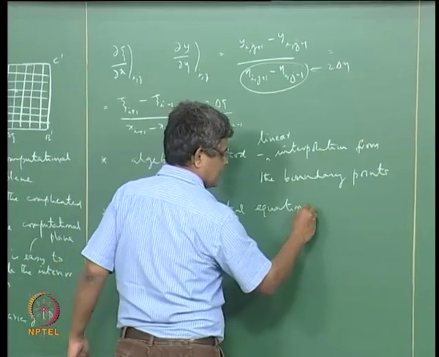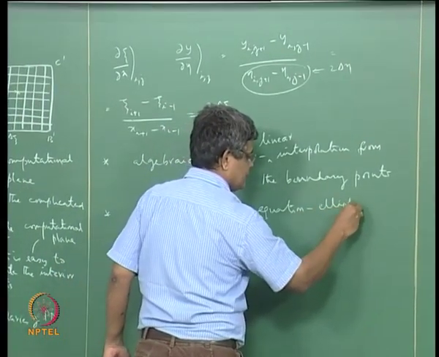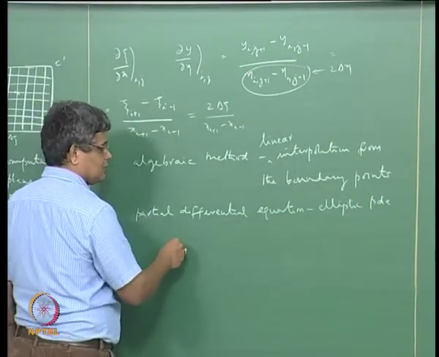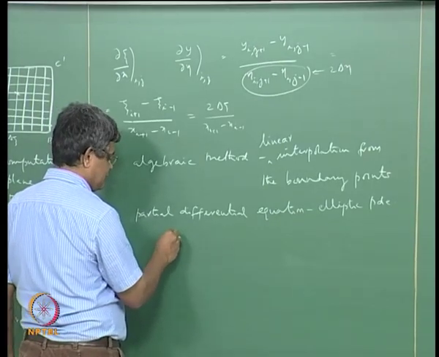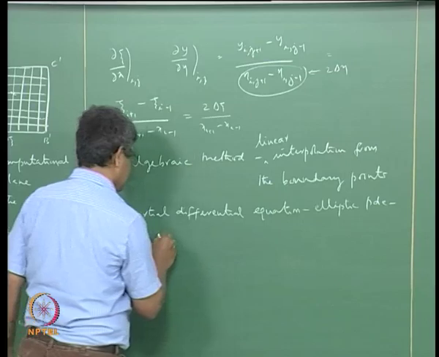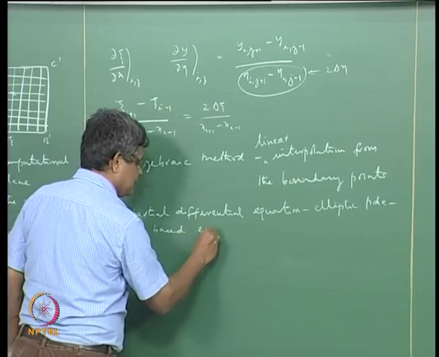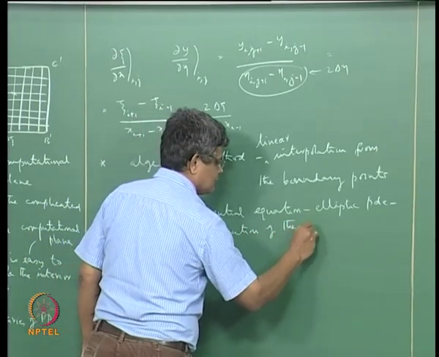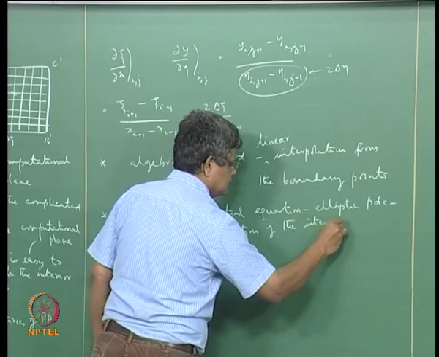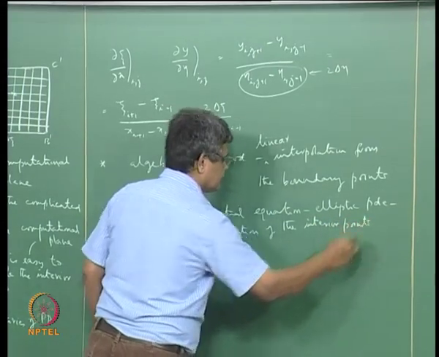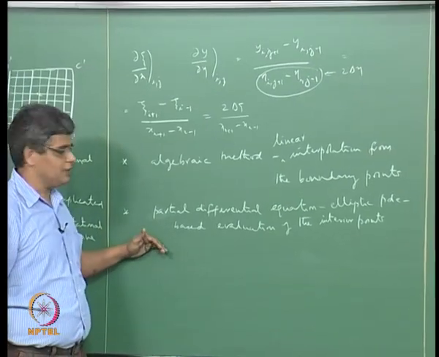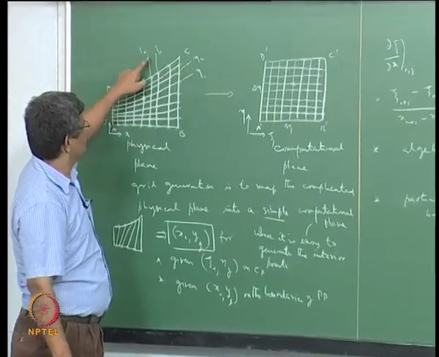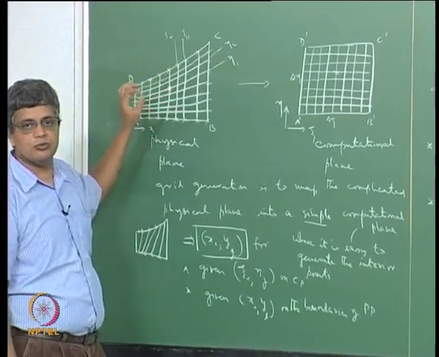Essentially for this particular case we will be using an elliptic PDE to do the evaluation of the interior points, in which we can impose a condition that the constant eta lines and constant xi lines that we have on the physical plane are smooth.